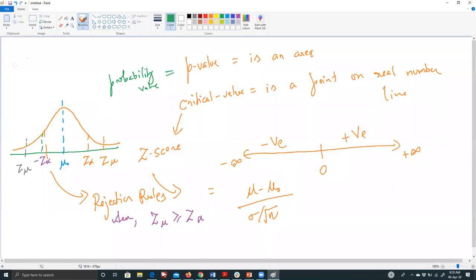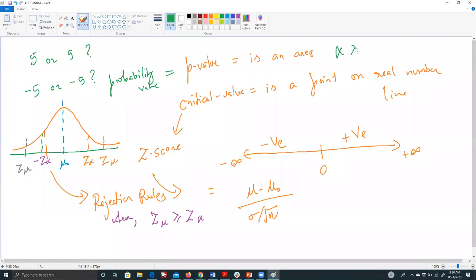Tell me, which one is bigger, 5 or 9? 9. Very good. Which one is bigger, -5 or -9? -5. Very good. Now you have to remember the same thing here. Because once you get in negative domain, this is not how things work. This rule is not enough. In p-value, there is only one rule, right? For rejection, p-value should be less than alpha.